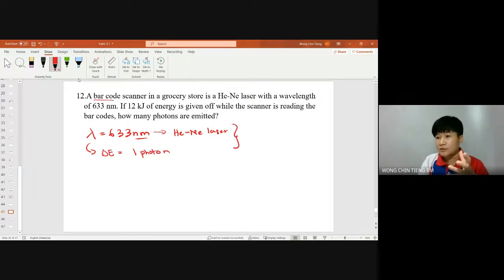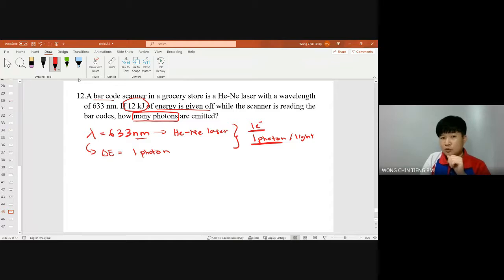Satu lambda, satu delta E, formula yang kita guna adalah untuk satu elektron hasilkan satu foton ataupun hasilkan satu cahaya. 1 packet of light. Betul? Semua formula yang kita belajar tu is only for 1 electron and 1 photon. Setuju kat situ? And soalan dia adalah tanya, how many photon? If you have 12 kilojoule of energy is produced.